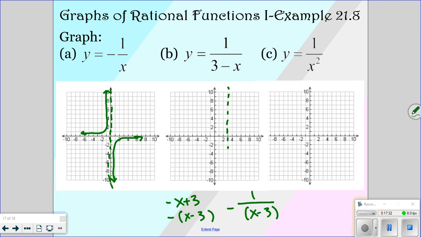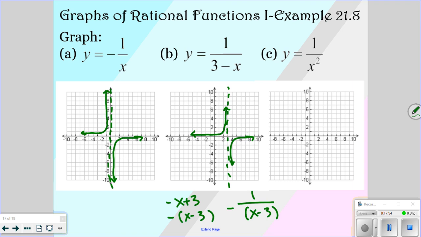And then it's the graph of this one that we just did, negative 1 over x, shifted over by 3. So it's going to look like this. Okay, so that's for that one.